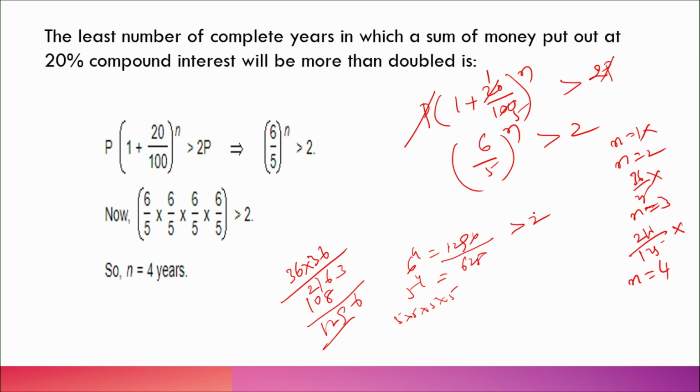So the least number which satisfies the given inequality (6/5)^n greater than 2 is n equal to 4. It means the number of years it takes for the amount to double at 20% compound interest is 4 years.